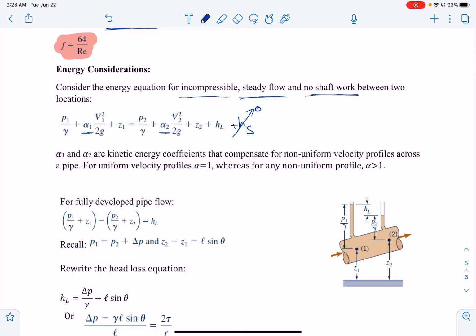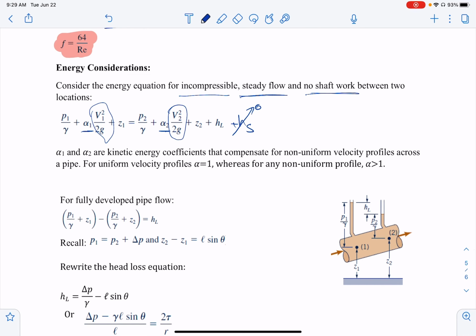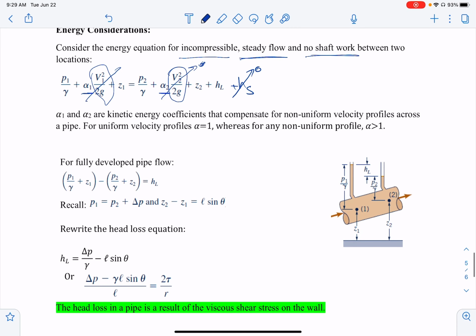Also the kinetic energies are the same, so these are going to be 0. And because the alpha is the same, these two cancel out.